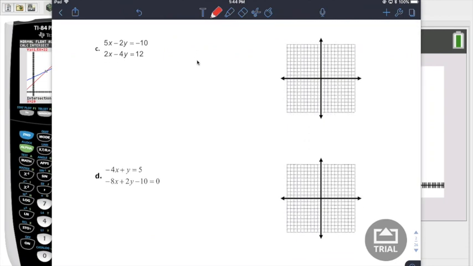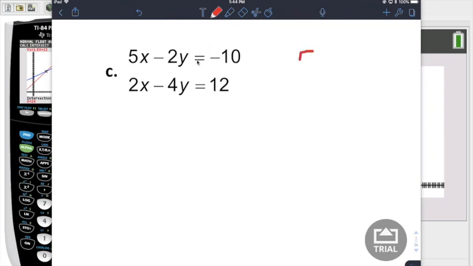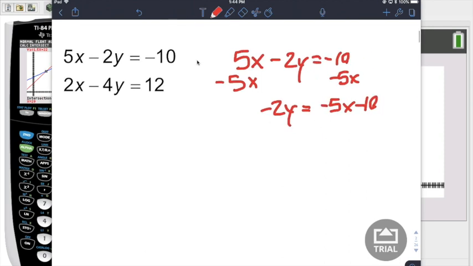So, all right, 2 more of these here. Let's see what's going on with these. So we'll go 5x minus 2y is equal to negative 10. We will subtract 5x from both sides. Don't forget to drop down that negative with the 2. Okay, and then divide by negative 2.